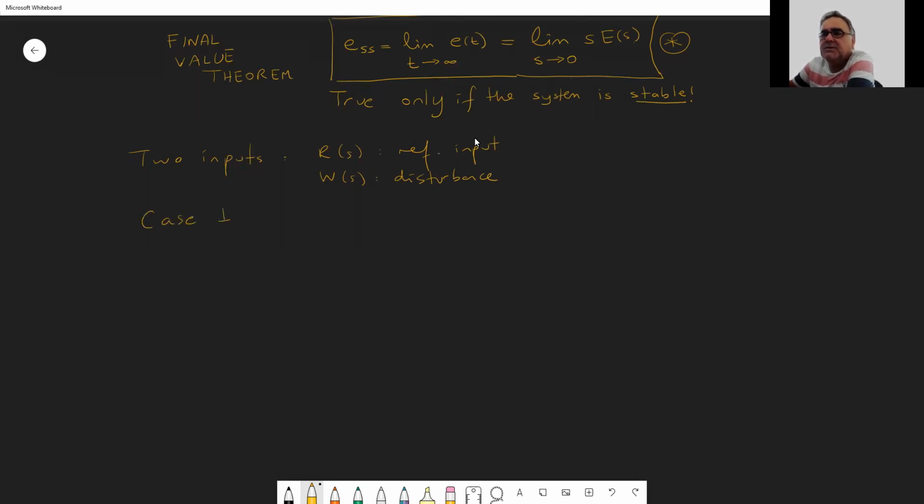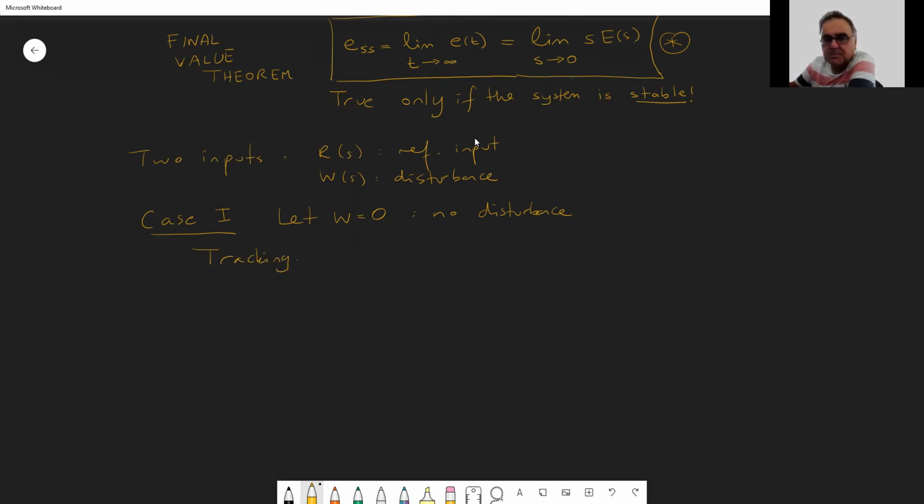So the first case will be: let W equal 0, which means we have no disturbance. So we have just reference input tracking. This is a tracking problem.